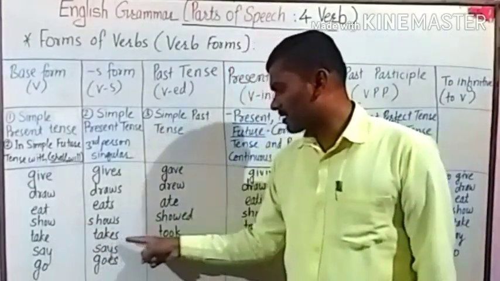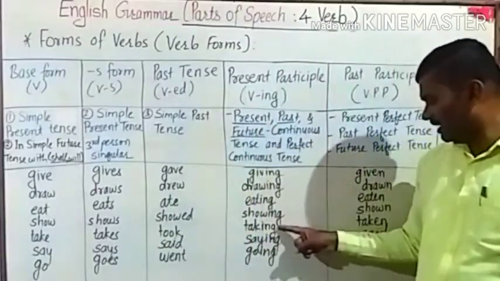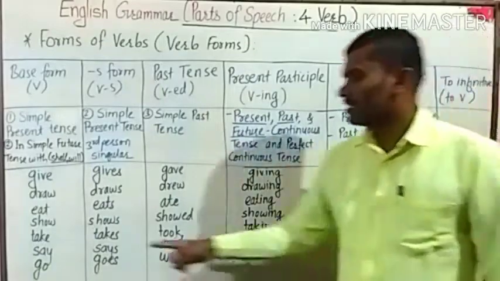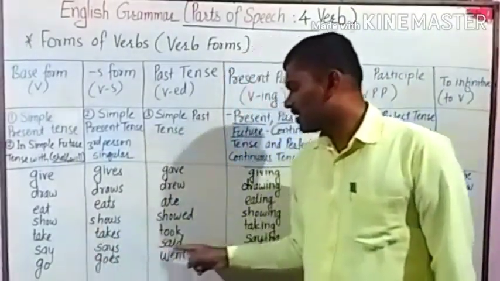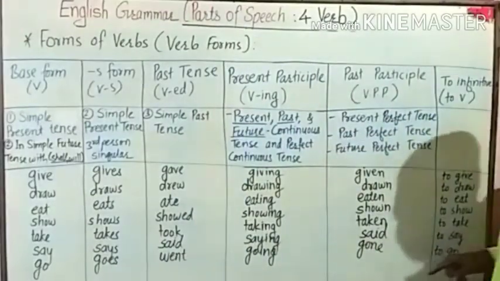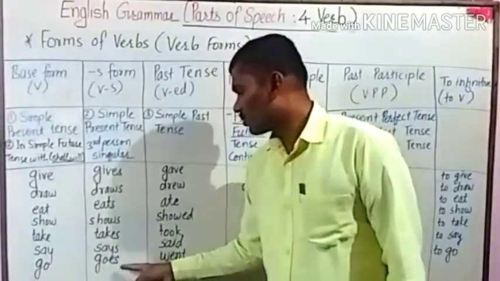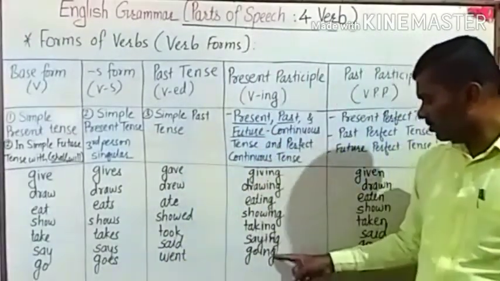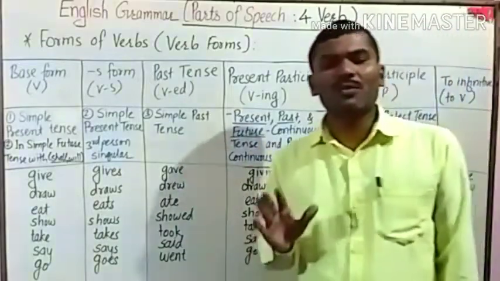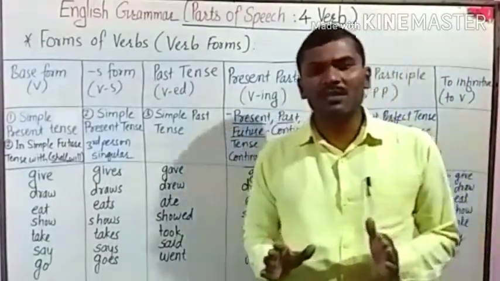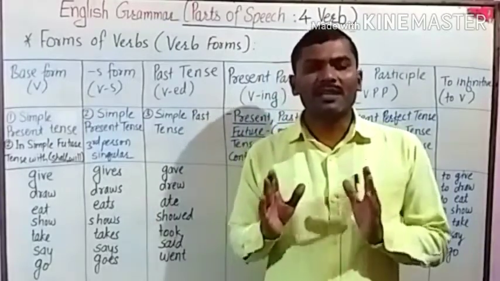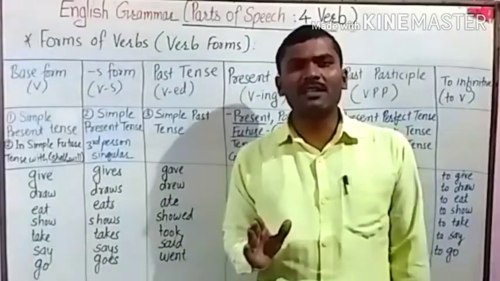Take, takes, took, taking, taken, to take. Say, says, said, saying, said, to say. Go, goes, went, going, gone, to go. These forms of verbs must be remembered by the learners or students to write accurately and correctly in the English language.